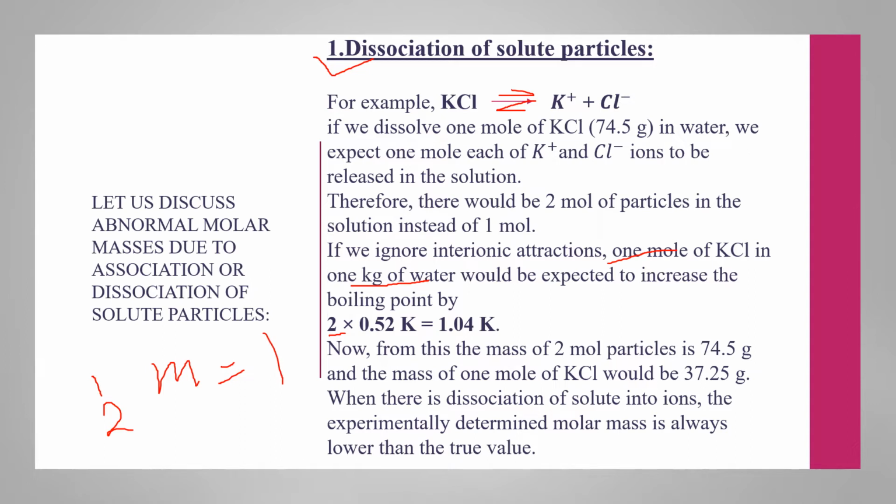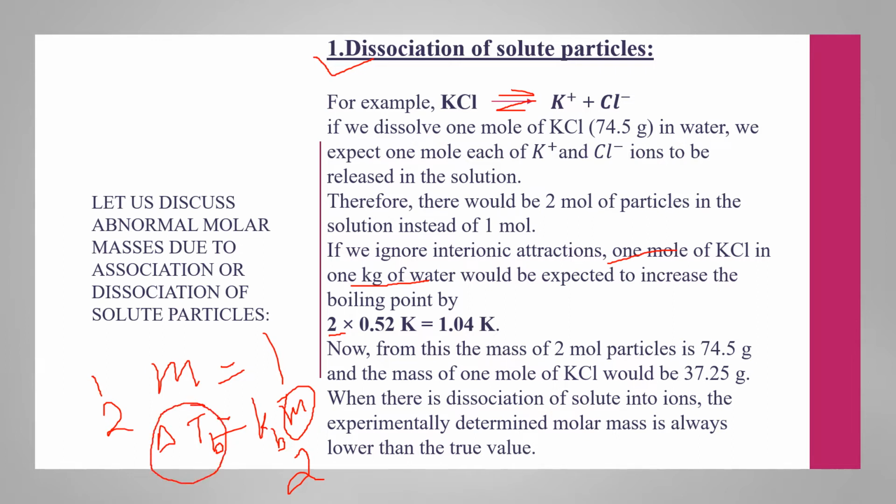Now on putting this value in the elevation in boiling point, delta TB equals Kb into m. Kb for water is 0.52, and here molality is 1. Initially it is 1, but as the KCl gets dissociated, the molality becomes 2. So there is a change in the value of delta TB.